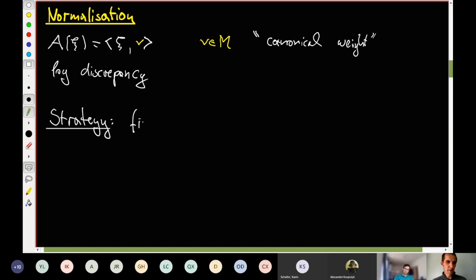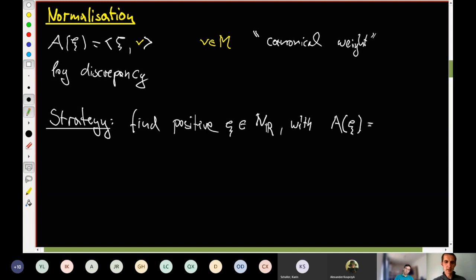So we want to find a positive psi in N_R fulfilling the following properties. So first of all, we fix the log discrepancy of this psi.